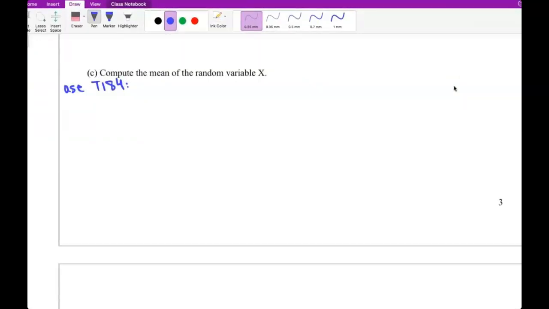Okay, so using calculator, we entered L1, L2, and then we used 1-Var Stats.